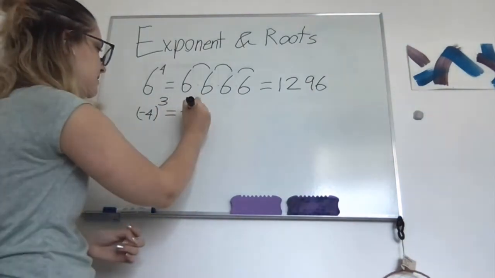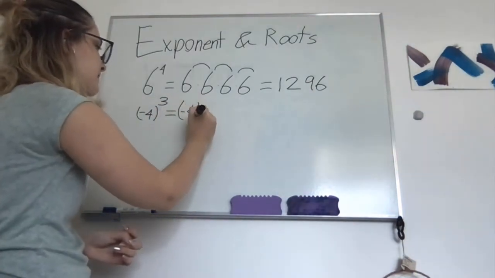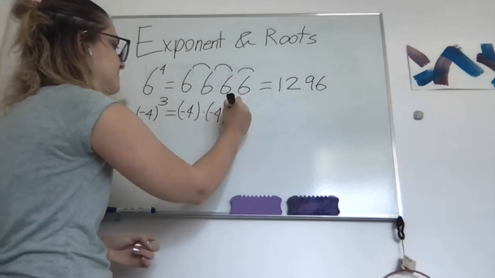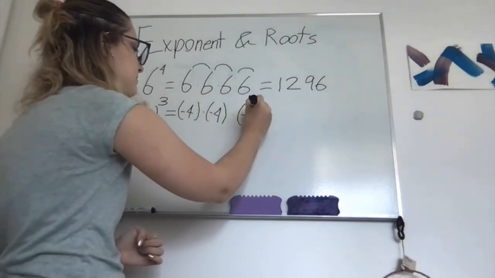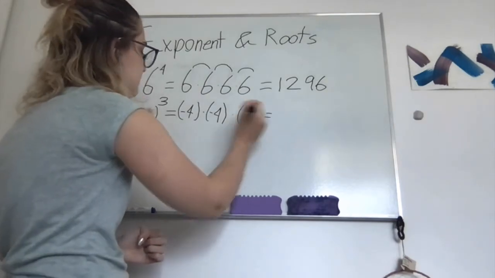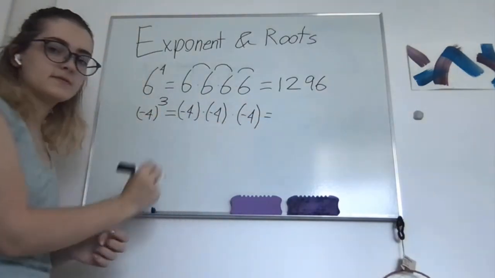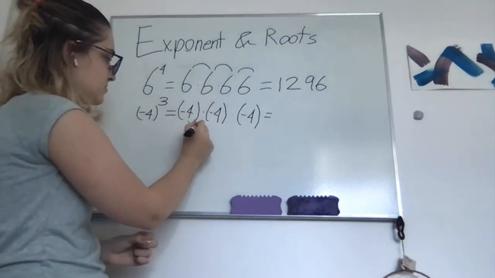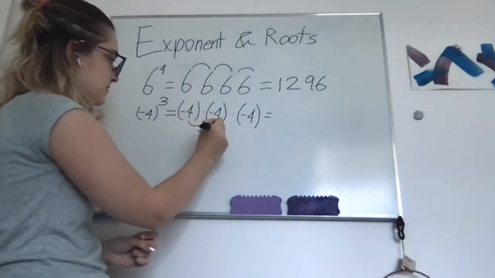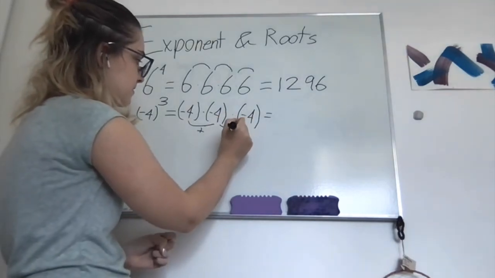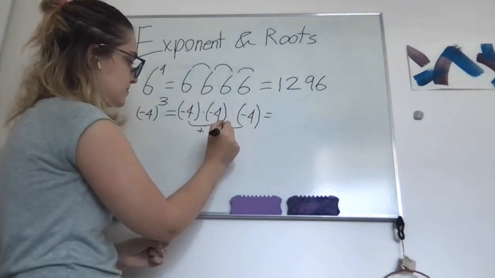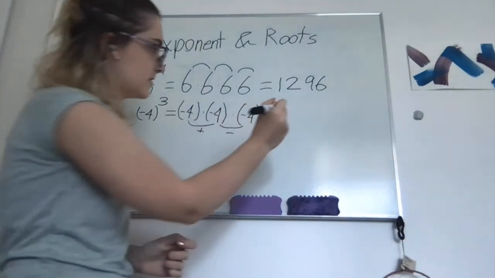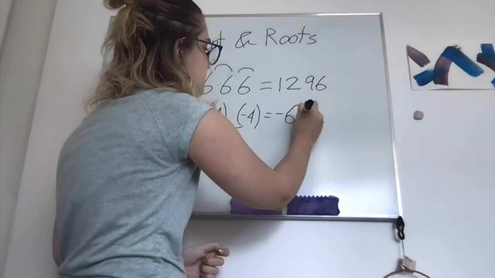That means it's -4 times -4 times -4. -4 3 times. Which equals, because of multiplication rules, this is a positive and then times a negative, which means the answer is going to be negative, which it is -64.